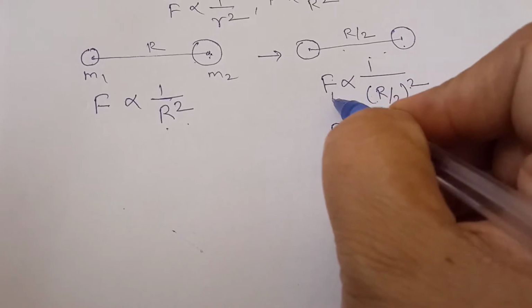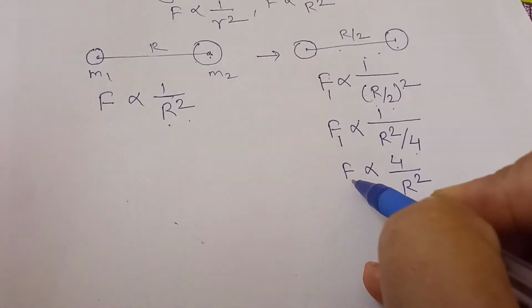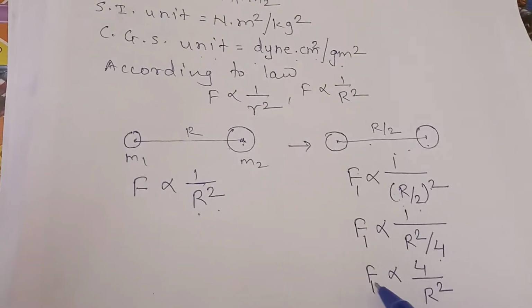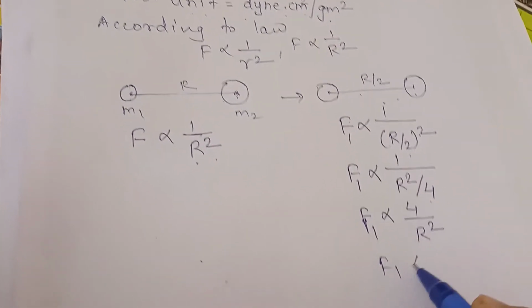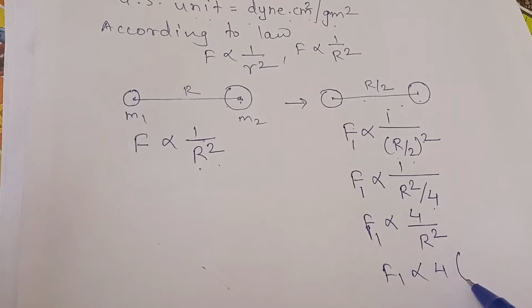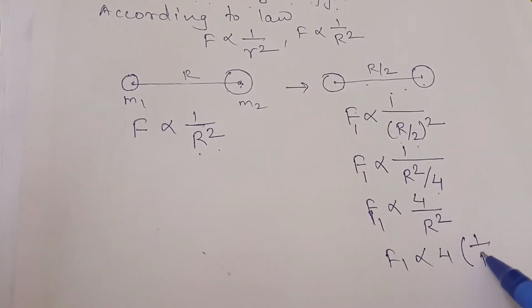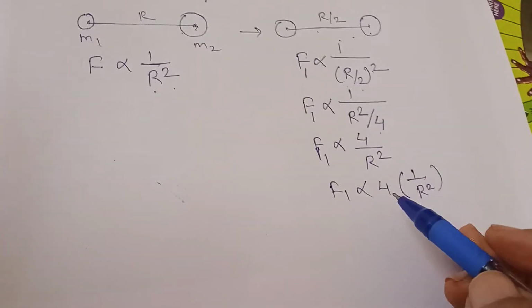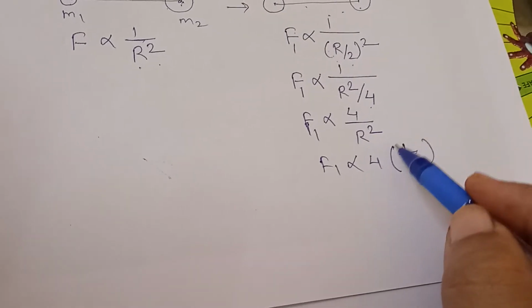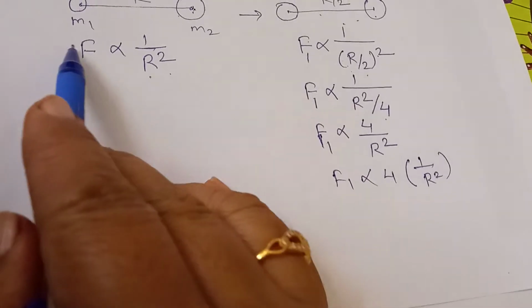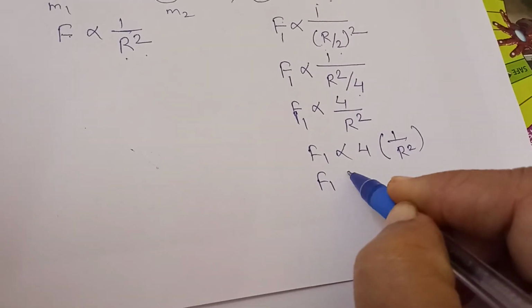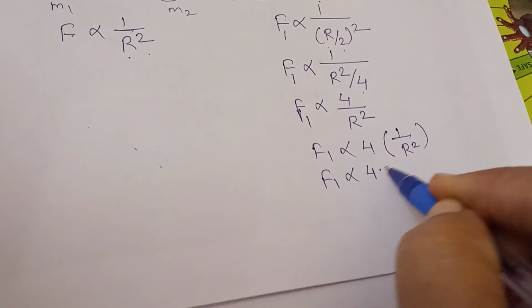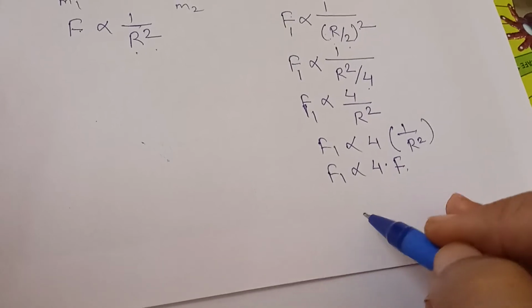This force is F1, the new force. F1 is directly proportional to 4 into 1 upon r square. But we know that 1 upon r square corresponds to force F. That is, F1 is directly proportional to 4 times F.